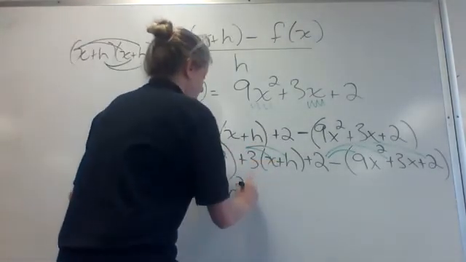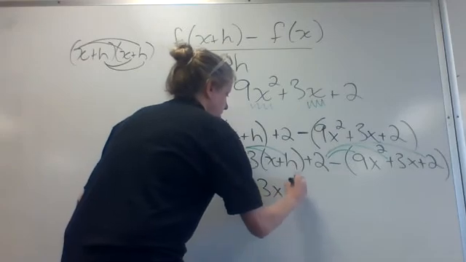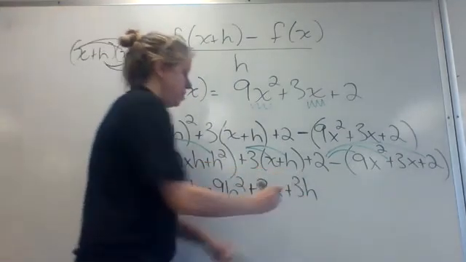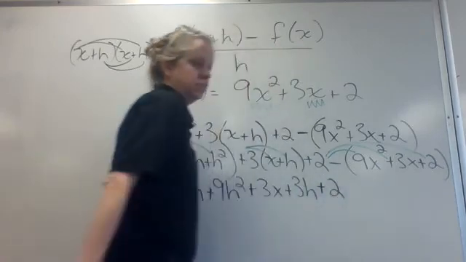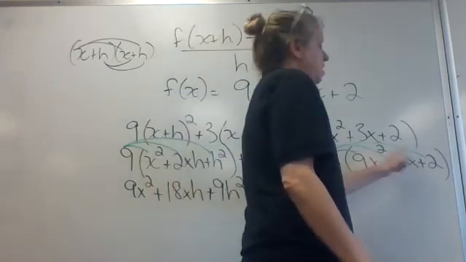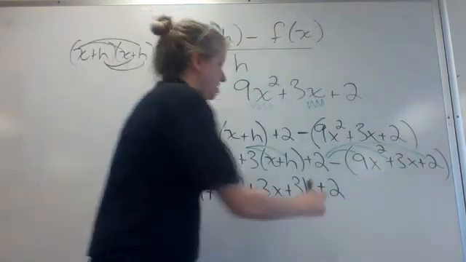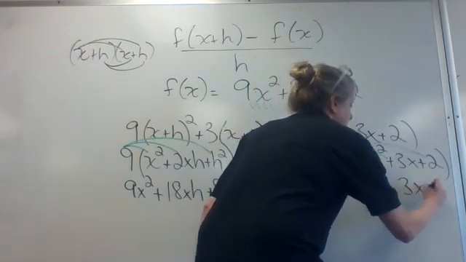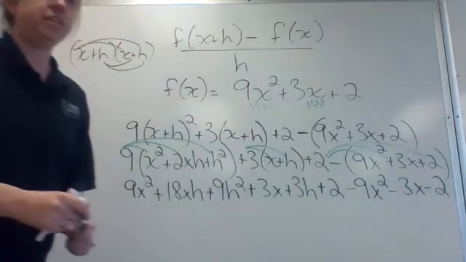Here I'll distribute the 3. So plus 3x plus 3h. Drop down this plus 2. And distribute this negative, which is just going to change all those signs. So this will be negative 9x squared minus 3x minus 2.